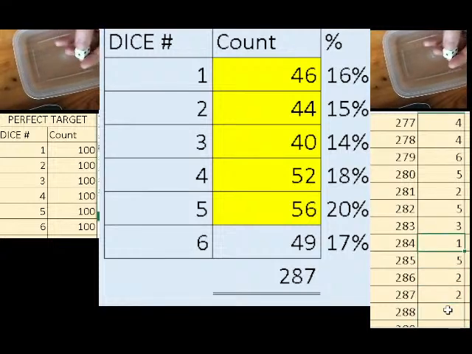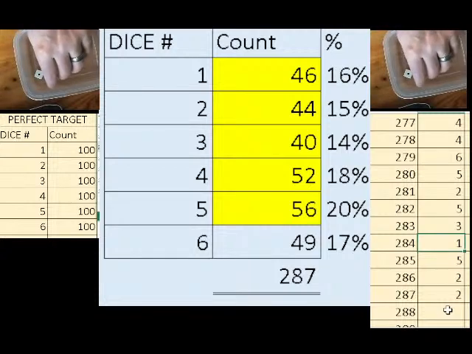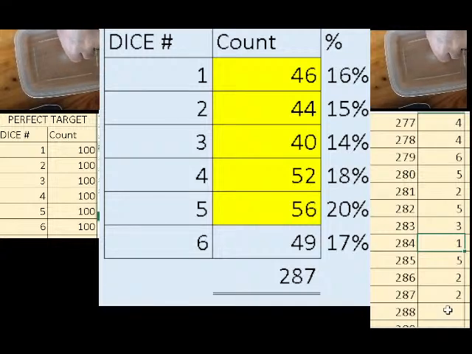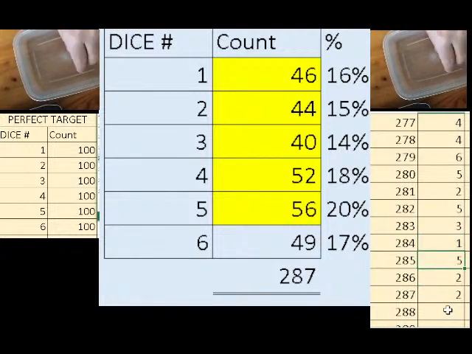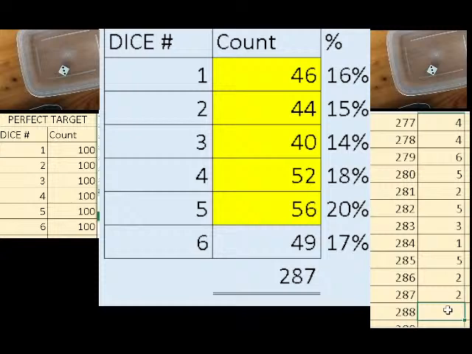Oops, 6. Oops, that was a 6. Sorry about that. Number 1. Okay, we're halfway.